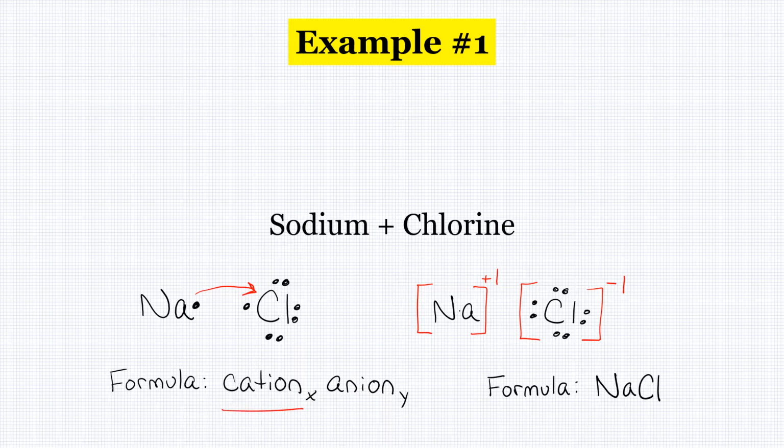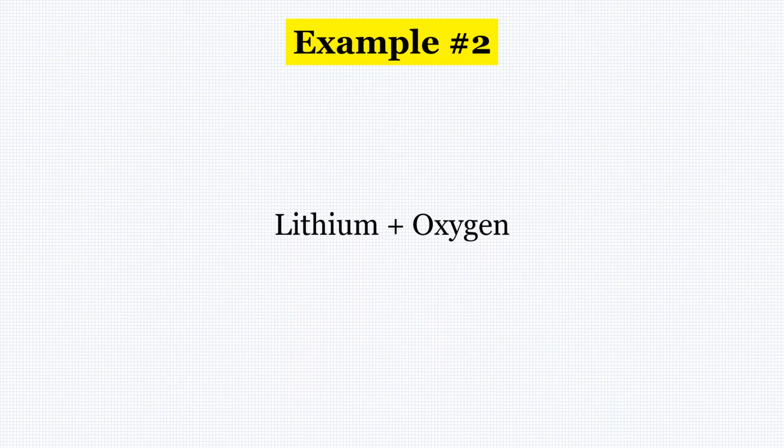Our cation was Na, and our anion was chlorine. In this case, it was a 1-to-1 ratio, so we don't have anything else to add. This example is complete.